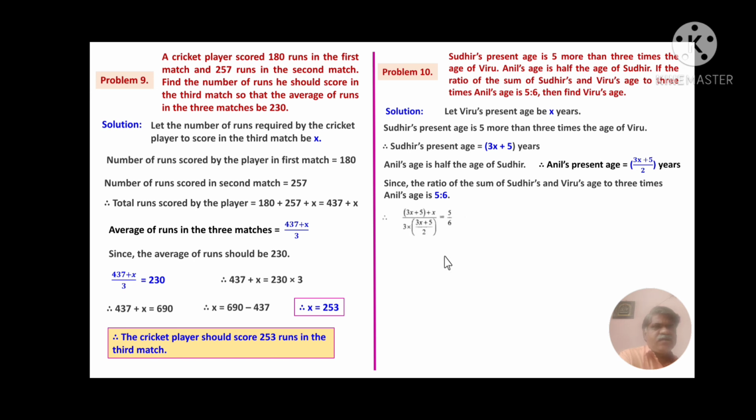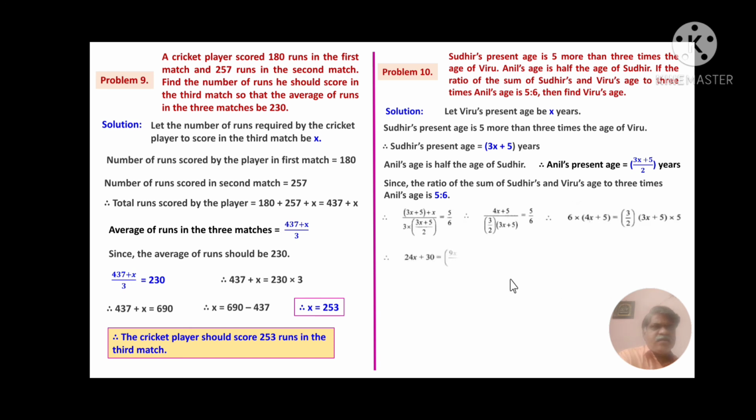is equal to 5 upon 6. So friends, now let us simplify little bit. So it will be (4x plus 5) upon 3 by 2 into bracket 3x plus 5 is equal to 5 upon 4. Therefore we will now cross multiply 6 into bracket 4x plus 5 is equal to 3 by 2 into bracket 3x plus 5 into 5.